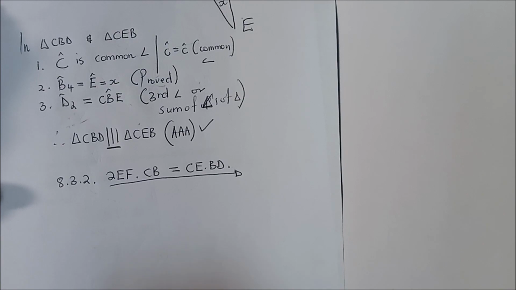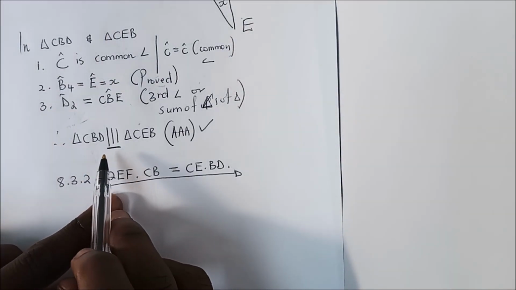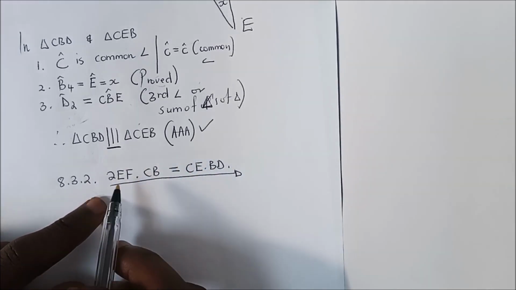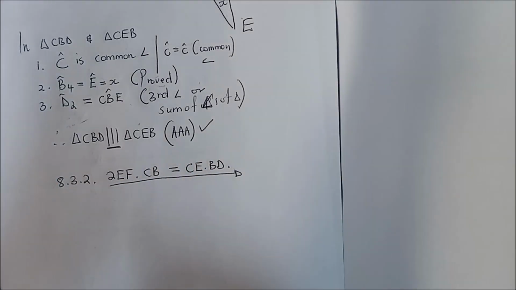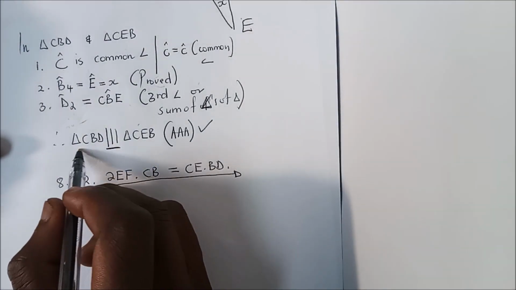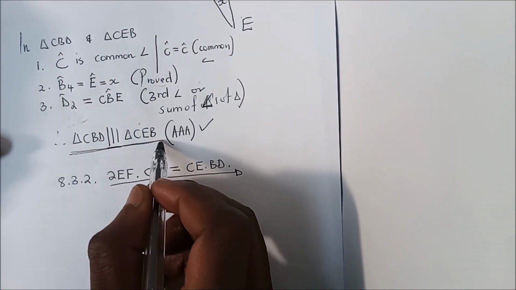So that basically means you need to work with similarity to be able to have an idea of how they got such answers. So now let's divide these two triangles proportionally, but by looking at the similarity.